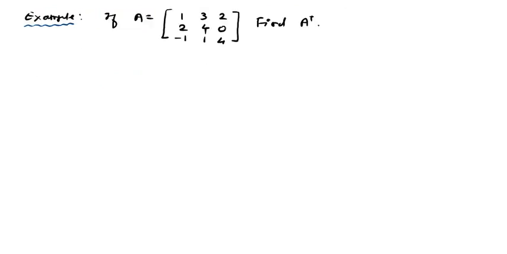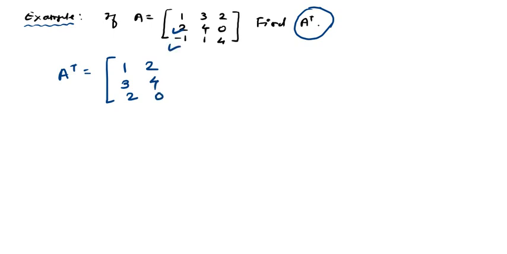Okay, now suppose we have the matrix A and the question is to find the transpose of the matrix. We can find the transpose just by converting rows to columns and columns to rows. So the first row will become the first column, 1 3 2, the second row will become the second column, 2 4 0, and the third row will become the third column of the transpose of the matrix.